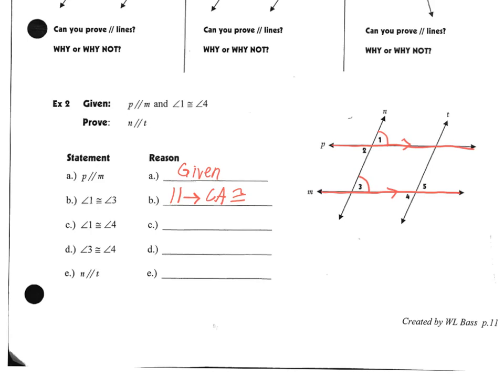Now, the next thing we're going to look at is that we are told, given information up here, that angle 1 is congruent to angle 4. And so that is given.